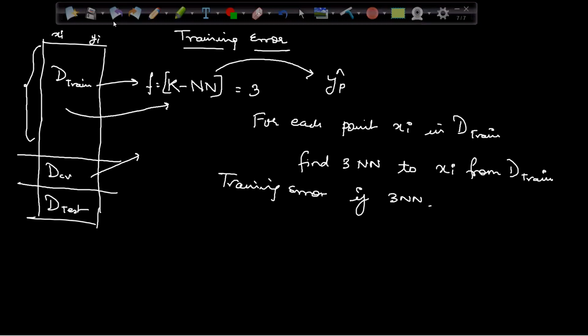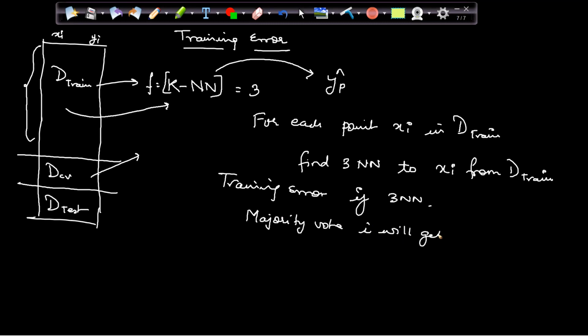So here I got my D train, I got some output. After that, what I will do, with the majority vote, I will get the class label, right?